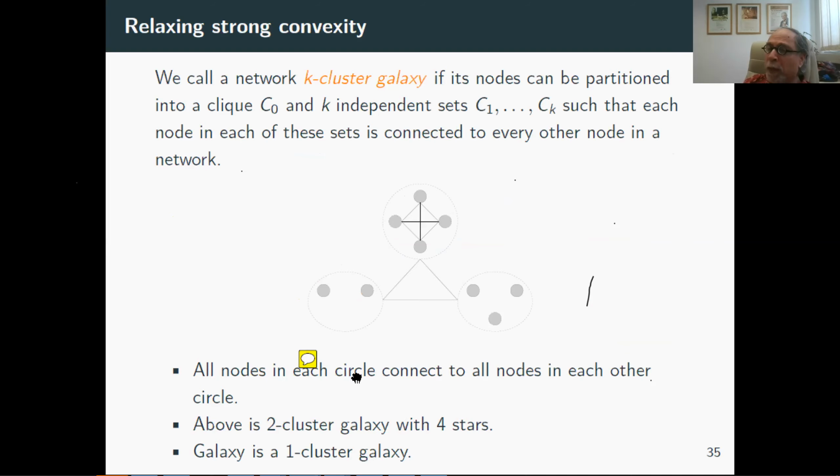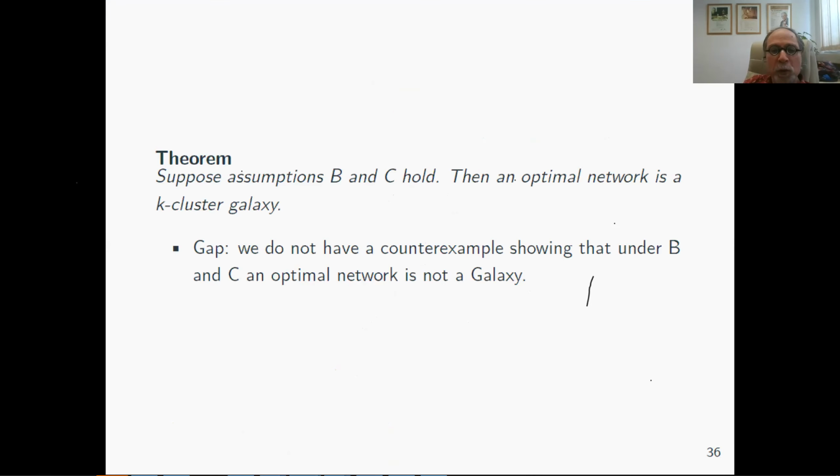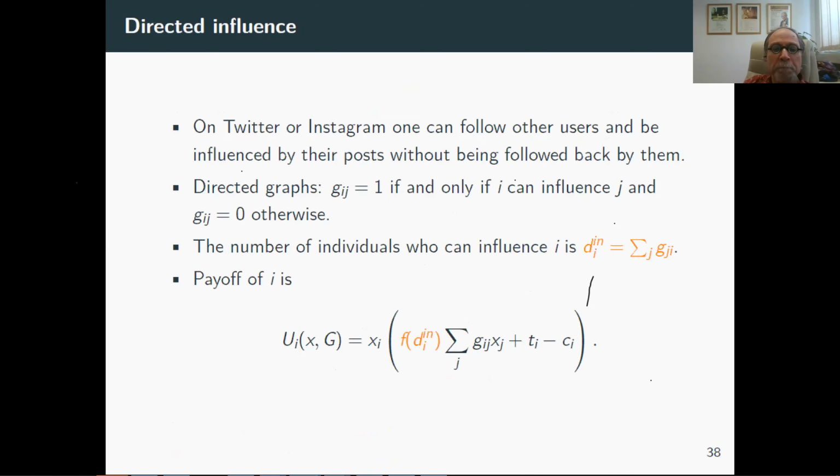Embarrassingly enough, we can't produce a counterexample. If you give up strong convexity, you get a K-cluster galaxy. If you have strong convexity, you have a galaxy. But whether we need strong convexity to get a galaxy or not, we haven't managed to resolve it.